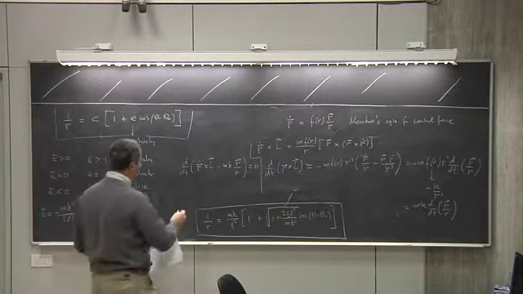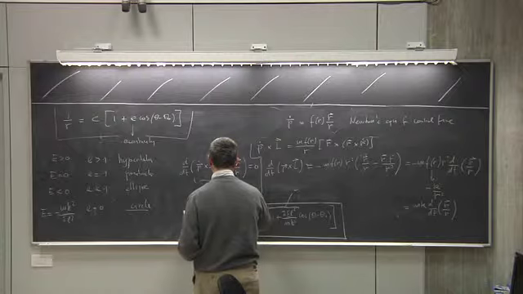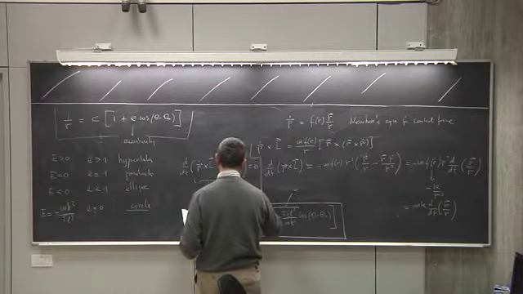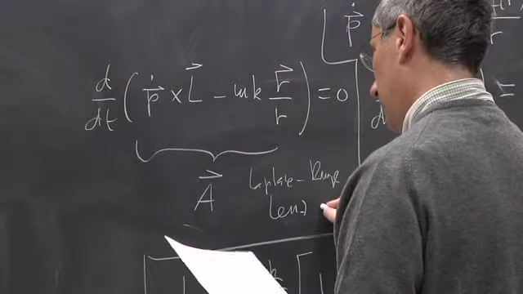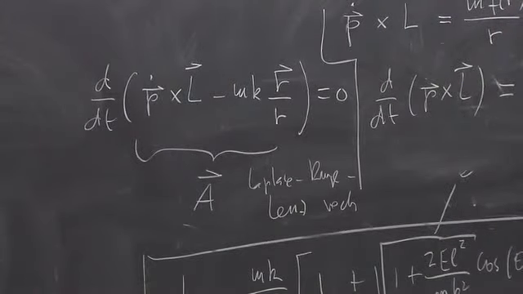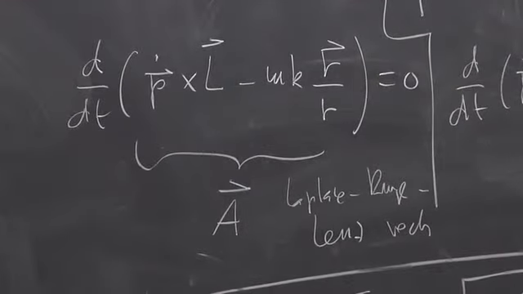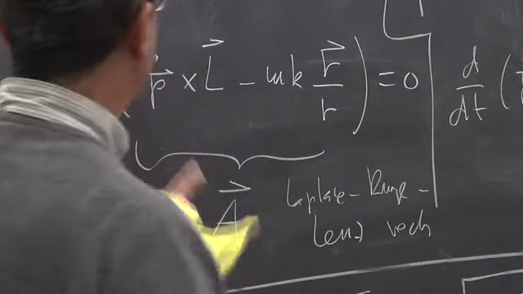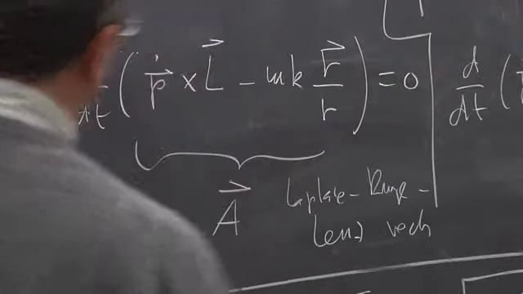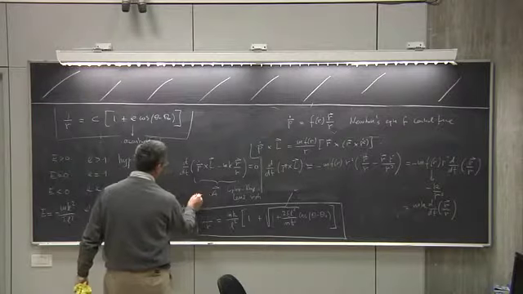This combination is called A, and is the Laplace-Runge-Lenz vector, and it's conserved for the Kepler problem. So this is an additional vector. So beside E and L, also A is conserved, but you see that it's not a completely independent one, because part of L is in the Laplace-Runge-Lenz vector. So this vector is a constant of the motion.